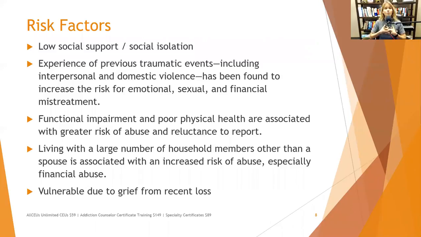So a lot of times older people will be more reluctant to report. Again, one of the things that we need to do is look at the quality of care in nursing homes and make sure that the places that they go actually are JCAHO accredited and providing a high quality of care.